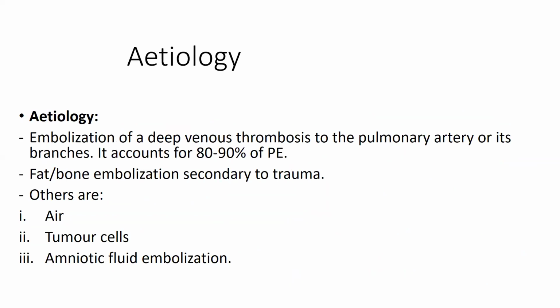Etiology: embolization of a DVT, most of them is due to a thrombus. Then you can have fat or bone embolization, which could be secondary to trauma or during orthopedic procedures. Others are emboli from central venous catheterization.